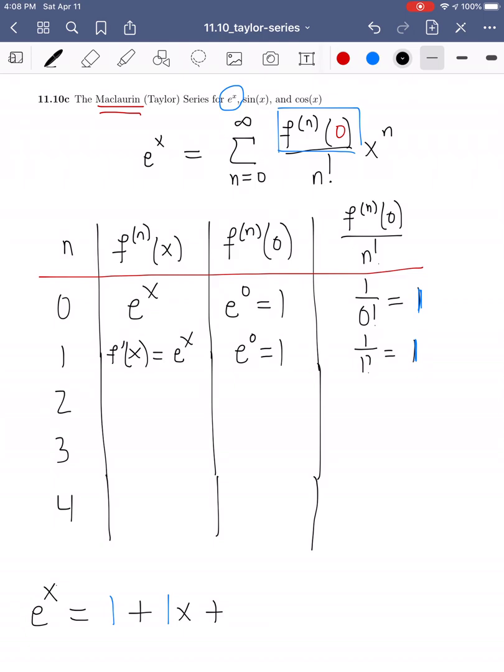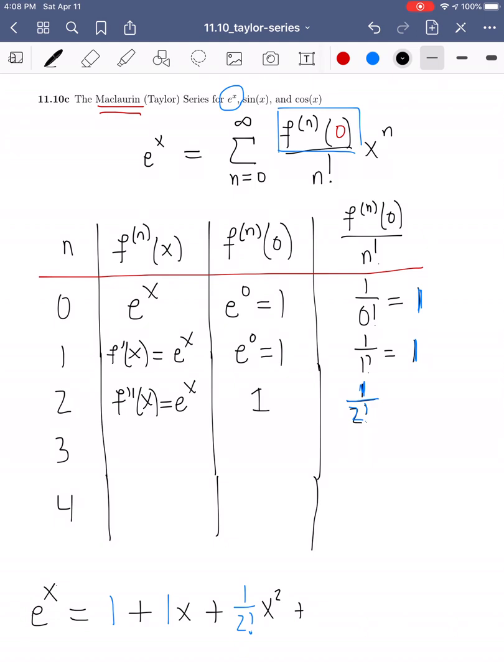Going to the second derivative, the second derivative of e to the x is still just e to the x. Evaluating that at 0 will still give us 1, and that coefficient will be that 1 all over 2 factorial. So we can tack that on as the next term: the next coefficient is a 1/2, or 1 over 2 factorial, all times x squared.